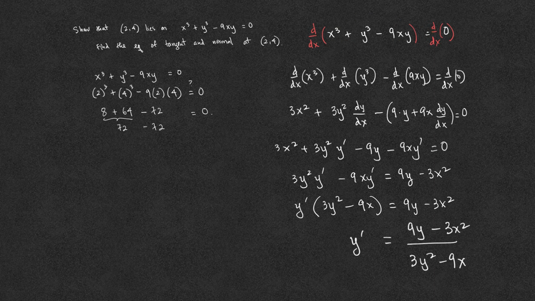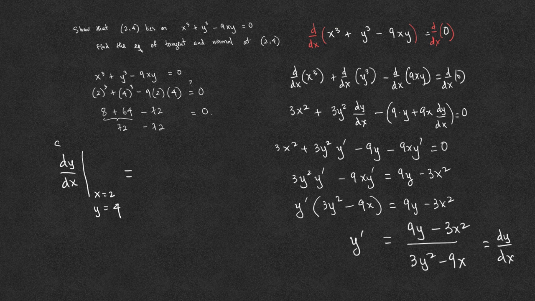This is the derivative of the function that was defined implicitly. This derivative is the dy/dx, which gives us the slope of the tangent line. To find the slope of the tangent line at the point (2, 4), we plug in x equals 2 and y equals 4 into this derivative. Everywhere we see a y, we replace it with 4, and everywhere we see an x, we replace it with 2.